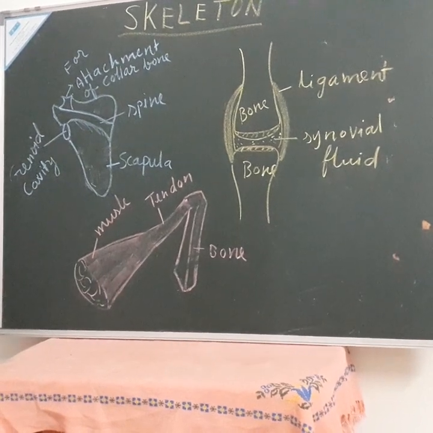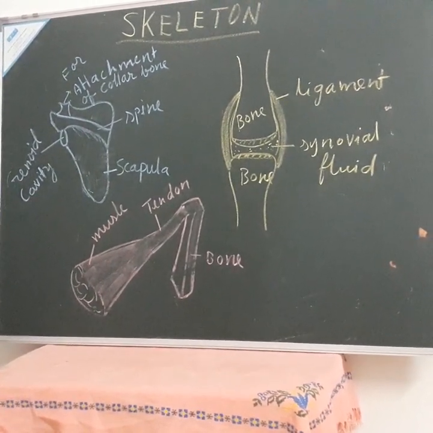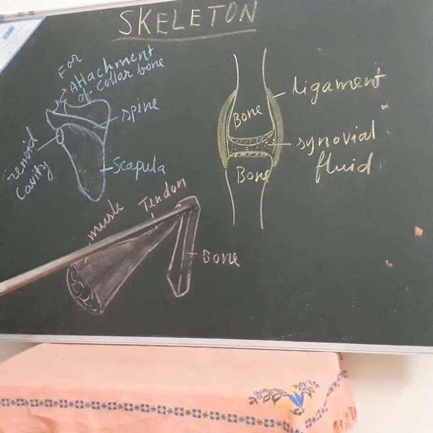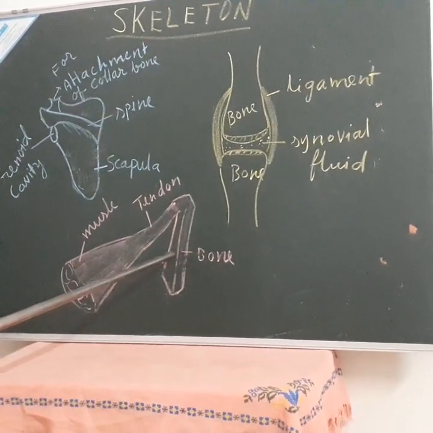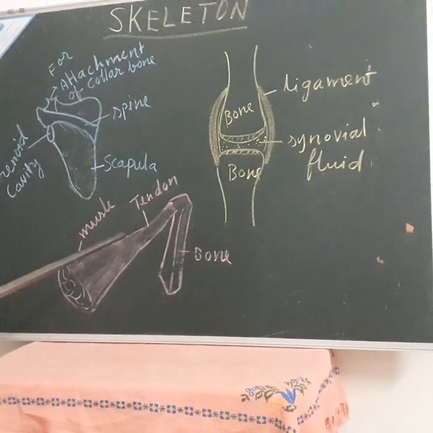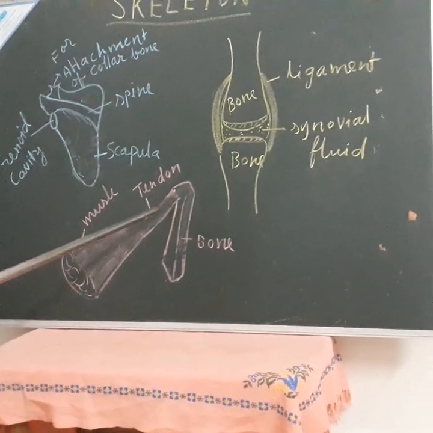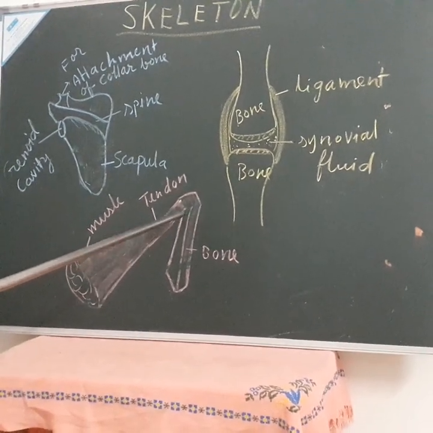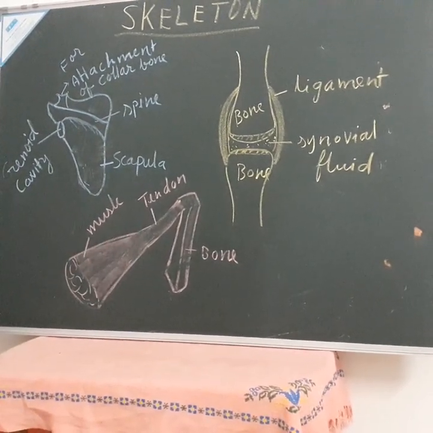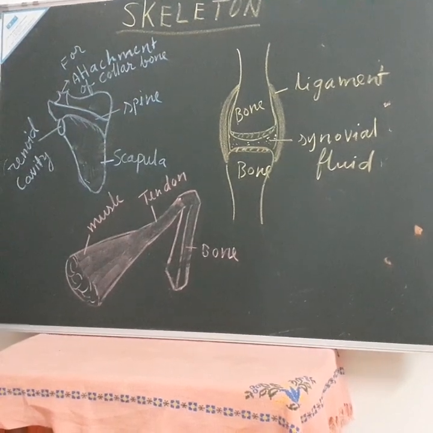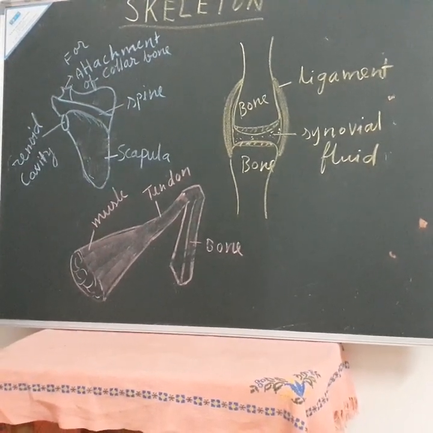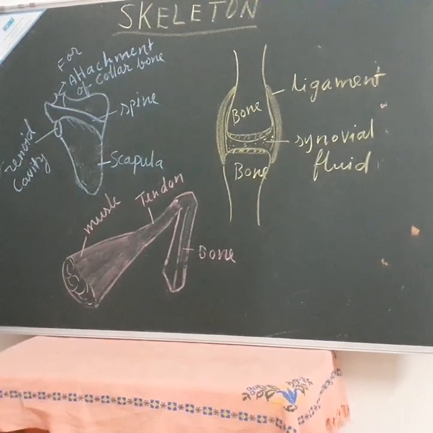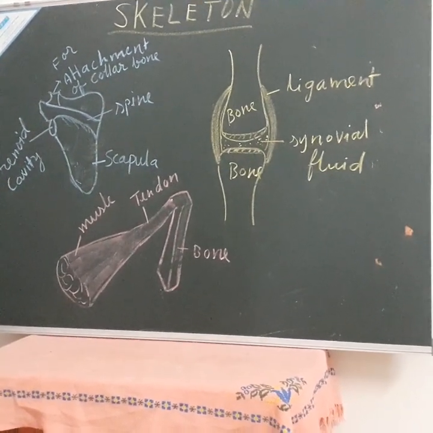The movable end pulls the other end, that is the tendon, which joins to the bone, and when it pulls, it brings the bone into movement. Muscles can only contract and relax, they cannot be lengthened.